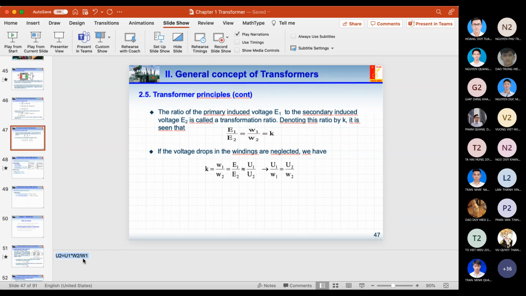As I said a few seconds ago, if U1 changes and you want to keep the value of U2 constant, how to do it? Who knows my question?